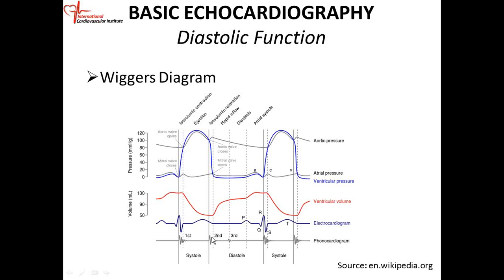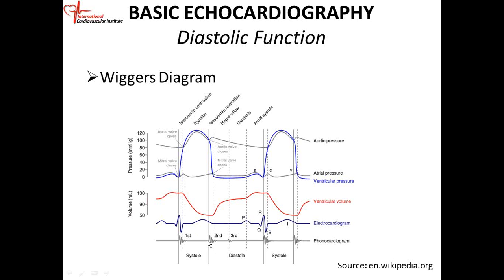And the period between, now S2, remember S2 is the closure of the aortic and the pulmonic valve, and the period of time between the closure of the aortic and then the closure of the mitral and tricuspid, that is diastole. So whenever they mention S1, it is the closure of the mitral and the tricuspid valve.